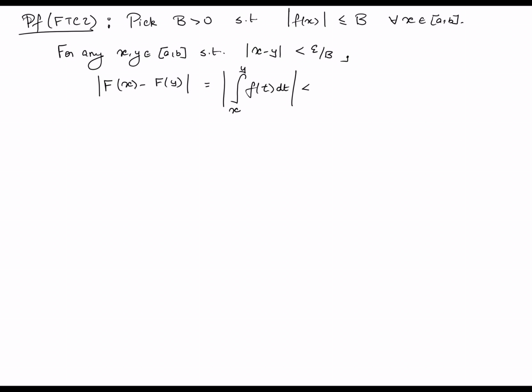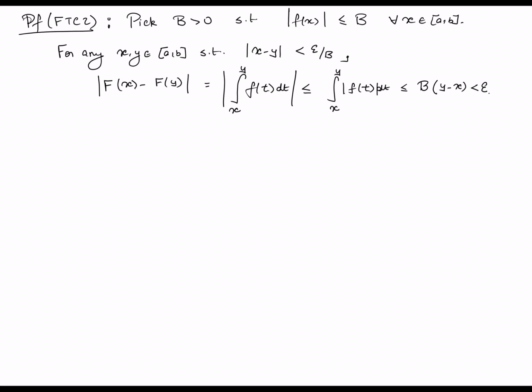However, note that we can now further upper bound this by the integral of the absolute value of f from x to y, right, which in turn is less than or equal to b times y minus x, which is less than epsilon.